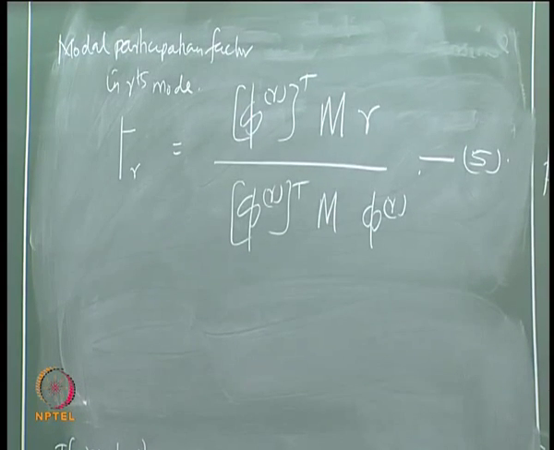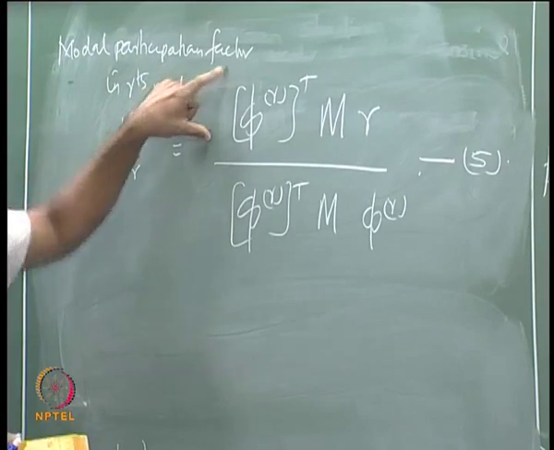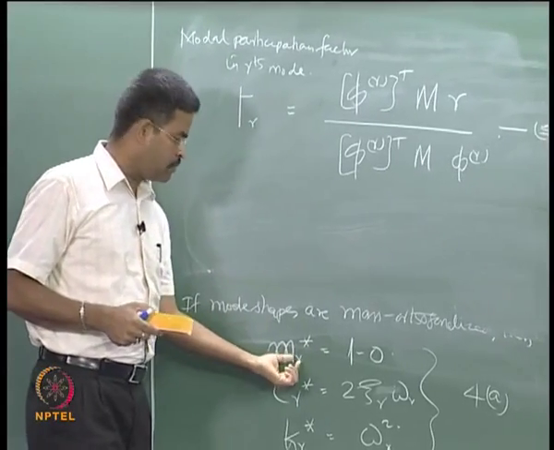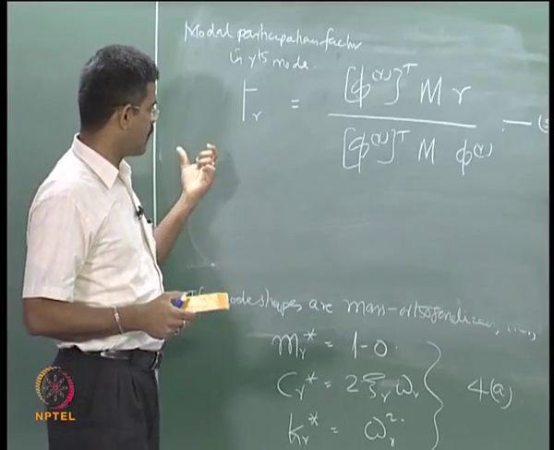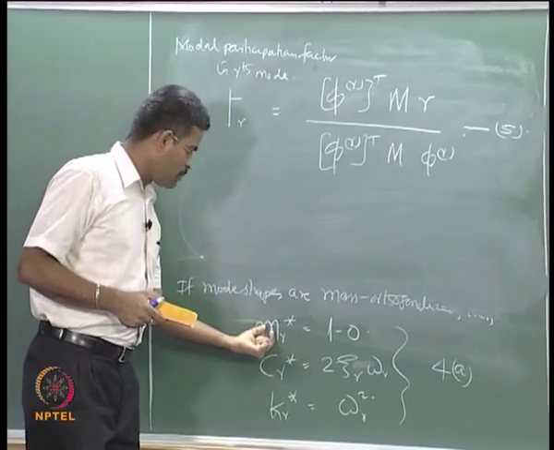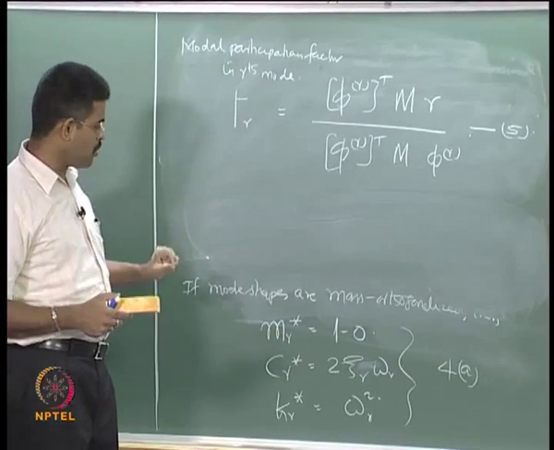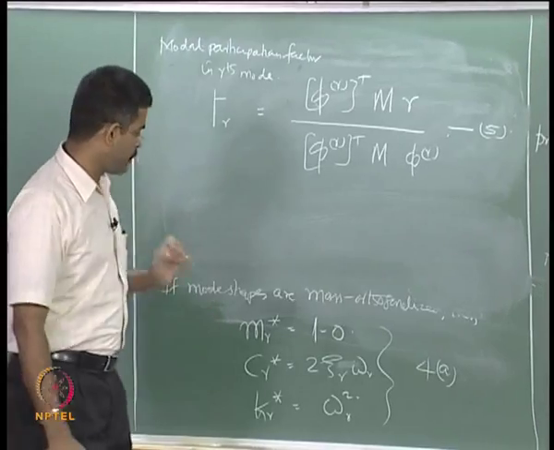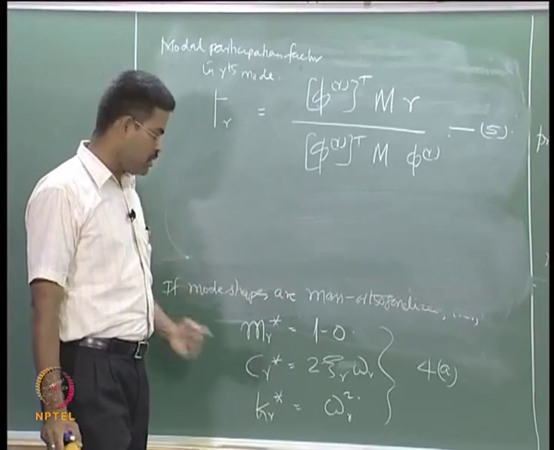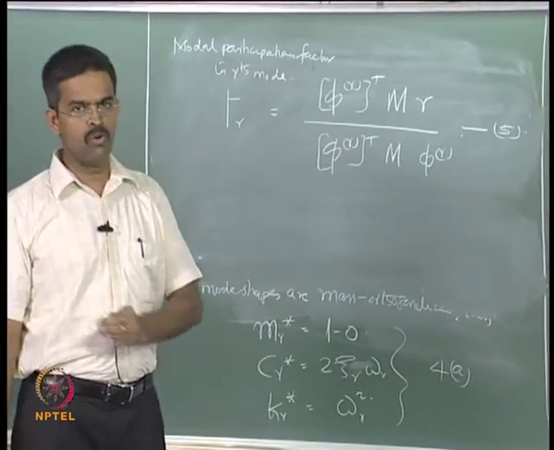Before I find the modal participation factor, I want to know the modal mass present in every mode, because I have given the set of equations 4 saying what the modal mass in the rth mode would be. Depending upon the conditions on the modal mass, I can truncate the modes. How many modes must I look at?